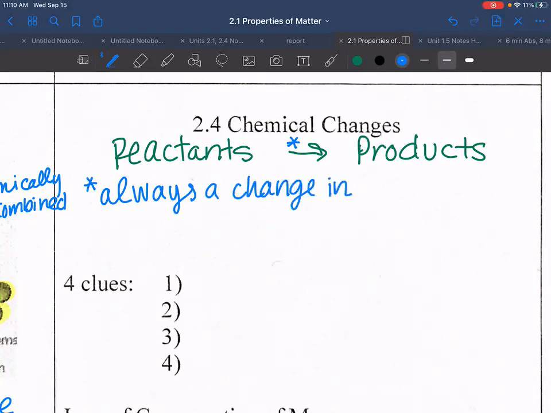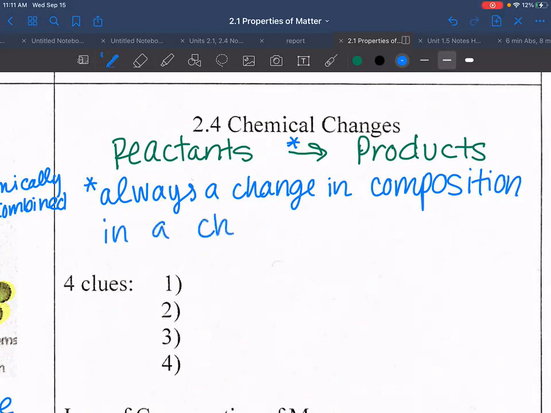What's that fun word? Composition. Exactly. So when you go from reactants to products, there is always a change in composition, identity, properties, however you want to think about it, in a chemical change.